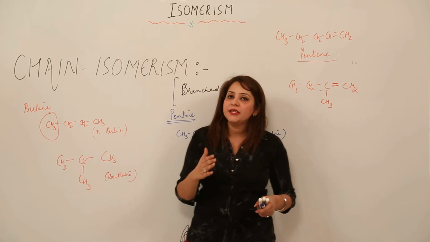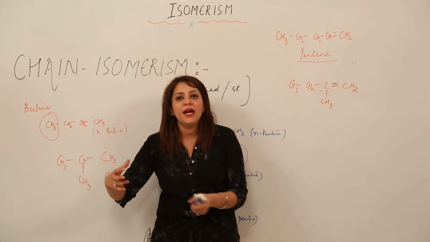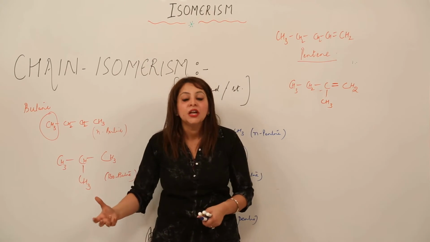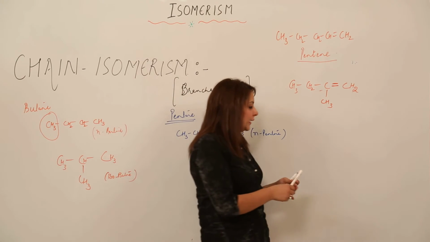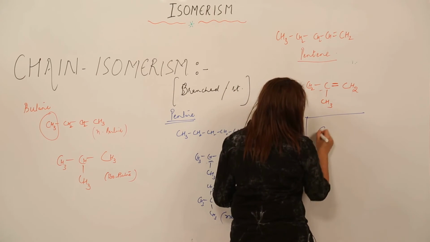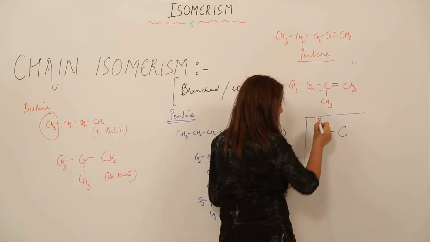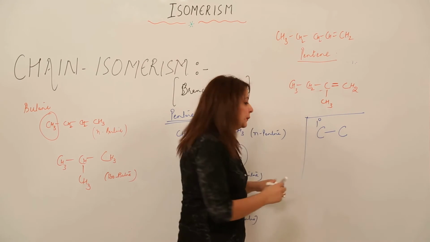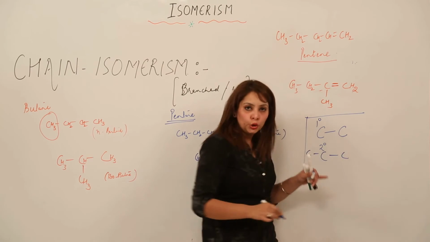And moreover, we did in organic chemistry that we have primary carbon, secondary carbon, tertiary carbon, and quaternary carbon. I think you remember, but I will still review it. Just look at the board. If one carbon atom is directly attached to one other carbon atom, it is said to be 1 degree. If one carbon atom is attached directly to 2 carbon atoms, it is 2 degree.